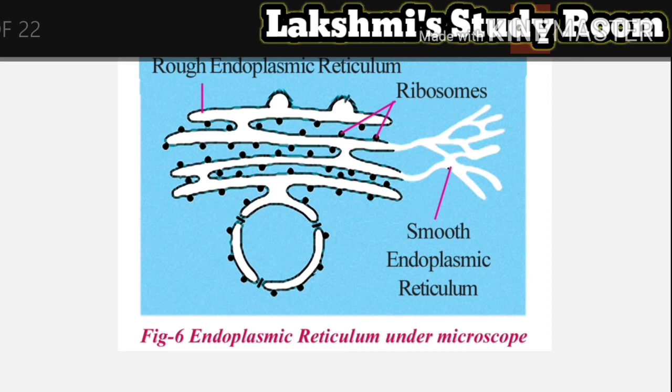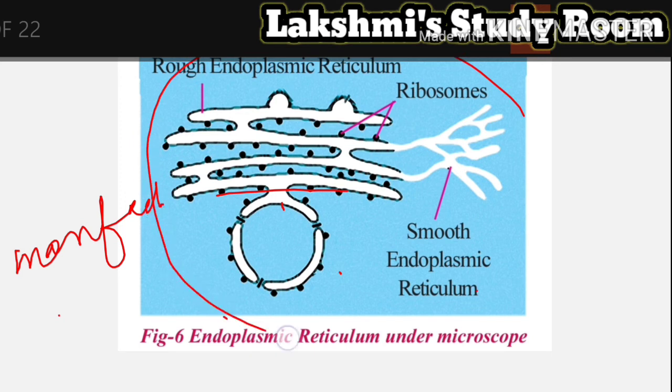So the main functions of the endoplasmic reticulum are, one, to manufacture food like proteins and lipids, and second, to transport these substances through these channels from one place to another within the cytoplasm. Sometimes it transports from the nucleus to the plasma membrane also.